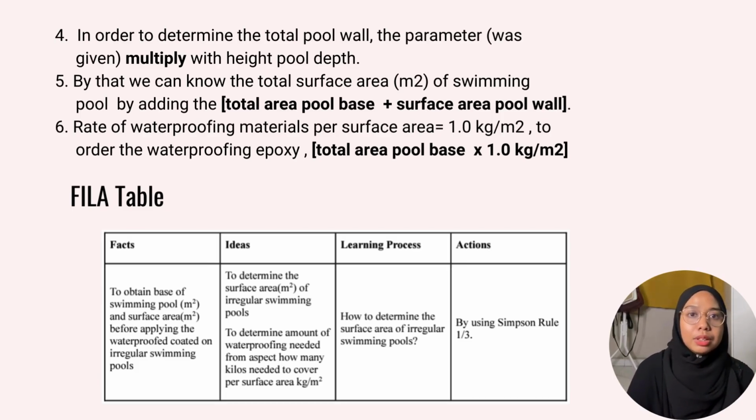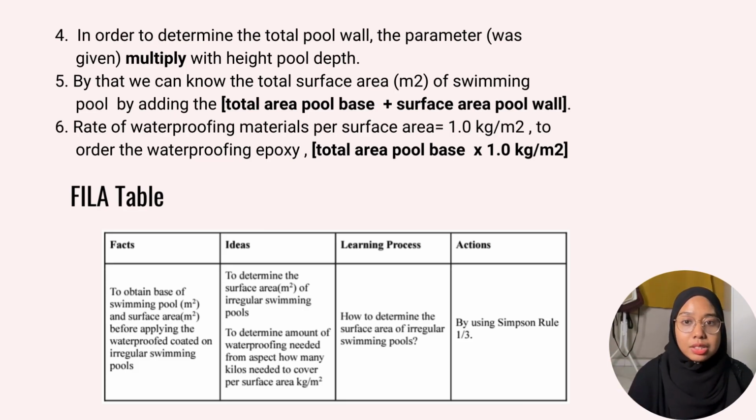For the findings, we need to obtain the base of the swimming pools and also the surface area before applying the waterproof coating to irregular swimming pools. And we also can find the kilos of the waterproofing epoxy.